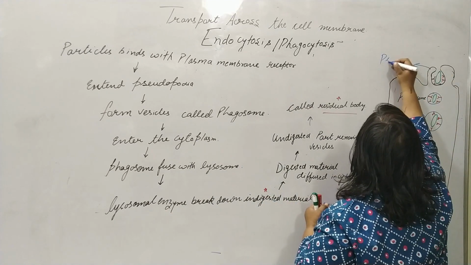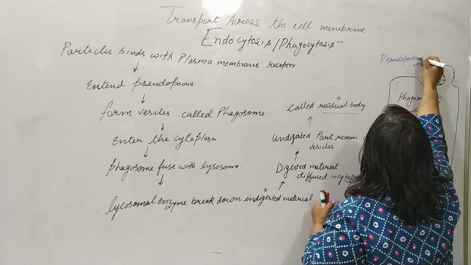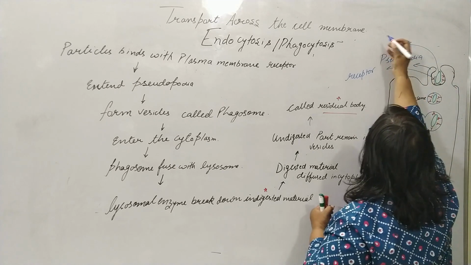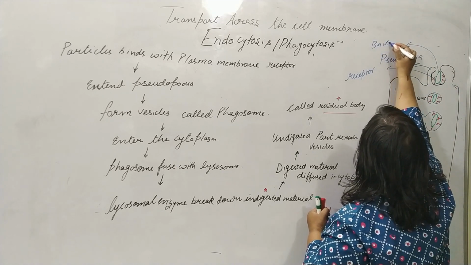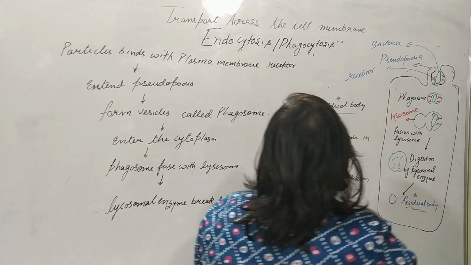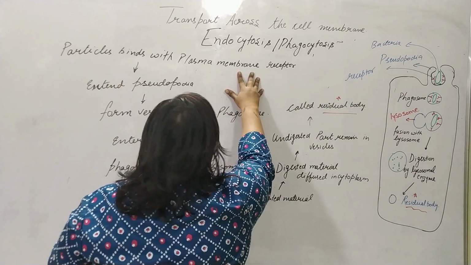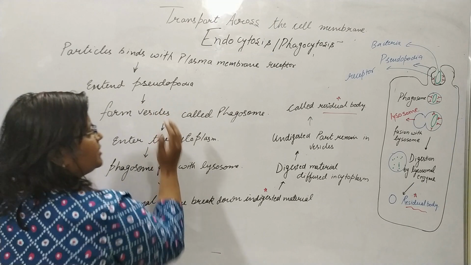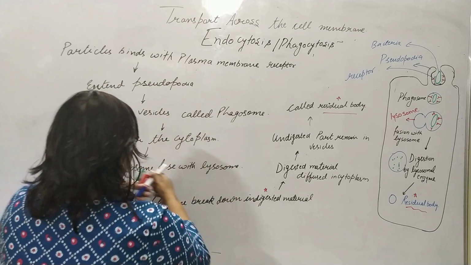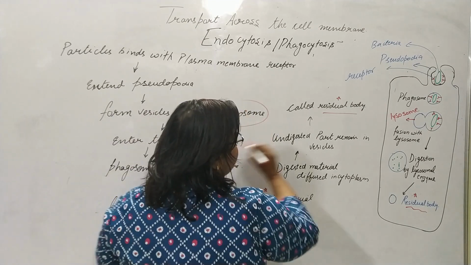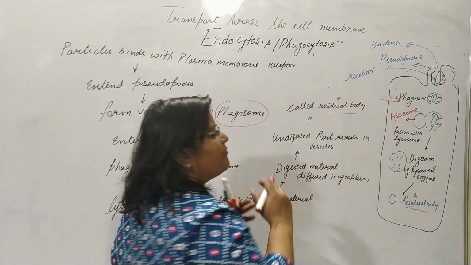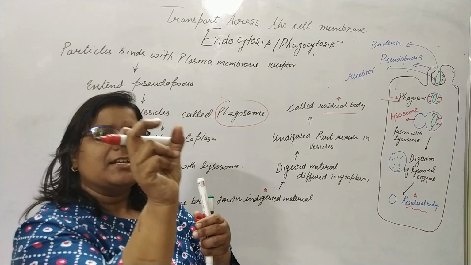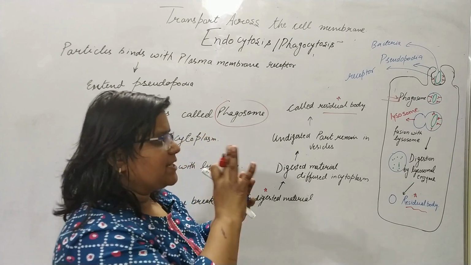Here is the pseudopodia, this is the receptor, and these are the bacteria and viruses, whatever material we have to engulf. The particles bind with the receptors and pseudopodia extension occurs. After the pseudopodia engulf the particles, phagosomes are formed. When bacteria and viruses are engulfed with the help of pseudopodia, the cell membrane forms a vesicle or sac-like structure.